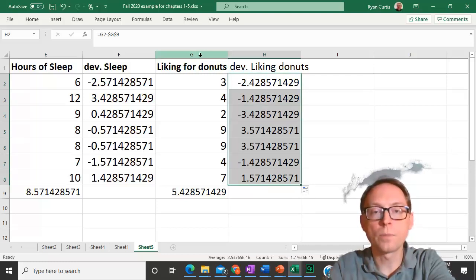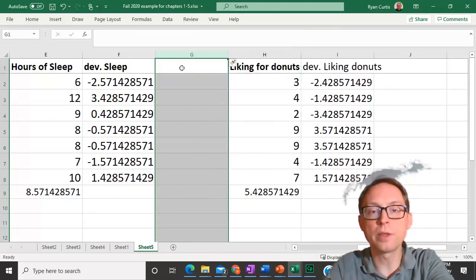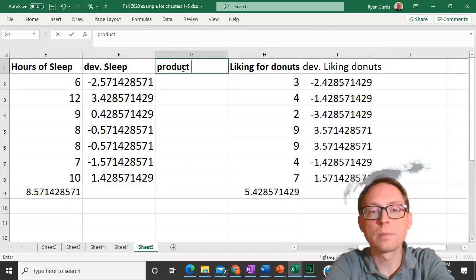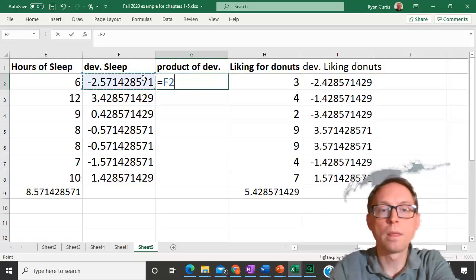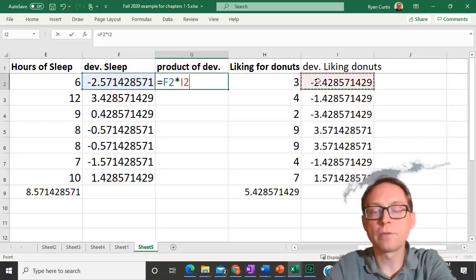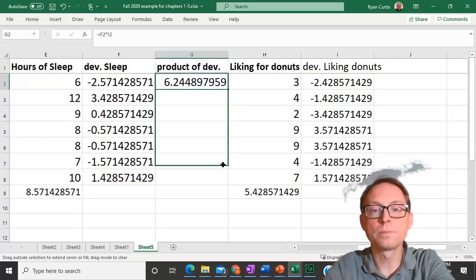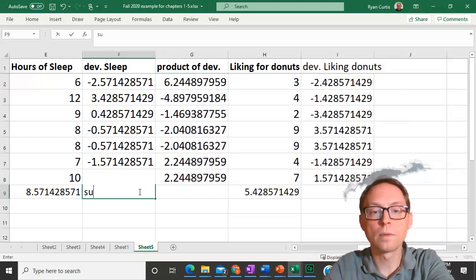Okay, next, to get the covariance, we need to multiply those deviations by the other deviations that we already have. So this is going to be the product of deviations. It's going to be the deviations of sleep times the deviations for liking for donuts. We're going to get all of those, then we're going to add them up.